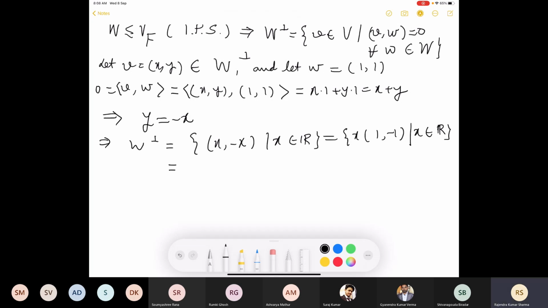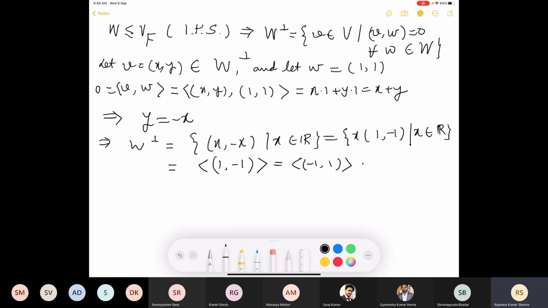So that means this is spanned by, say, (1, minus 1). Now this notation is to denote the subspace spanned by this. This is also the same if you want this or this.